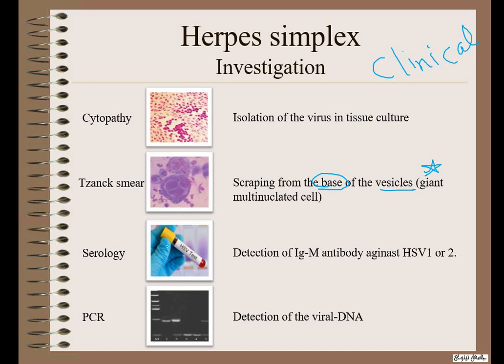I may do serology, detecting IgM antibody against herpes simplex virus 1 and 2, but as you will see in the lecture, once the patient becomes positive, he will continue to be positive for the rest of his life. Lastly, I may detect the virus DNA by using PCR.